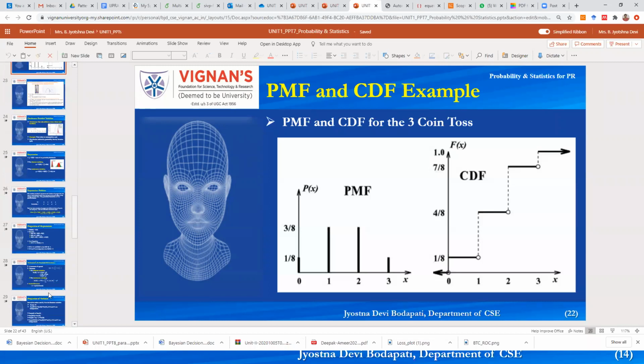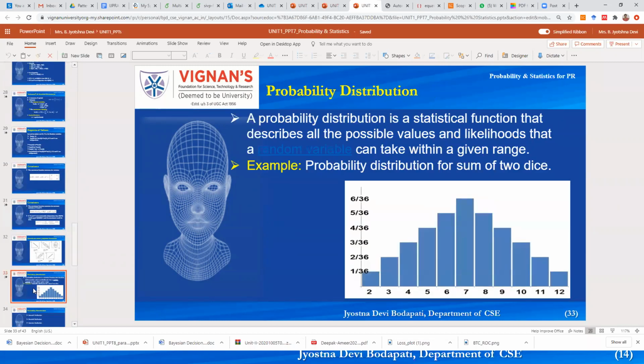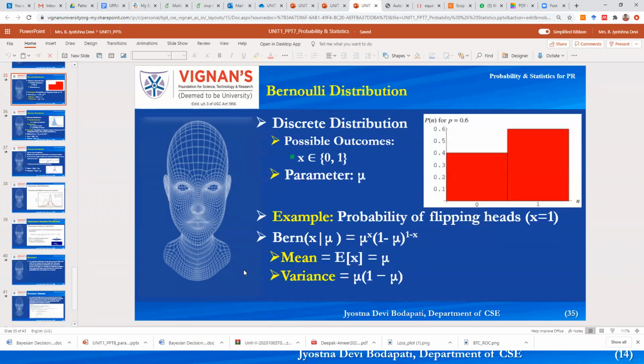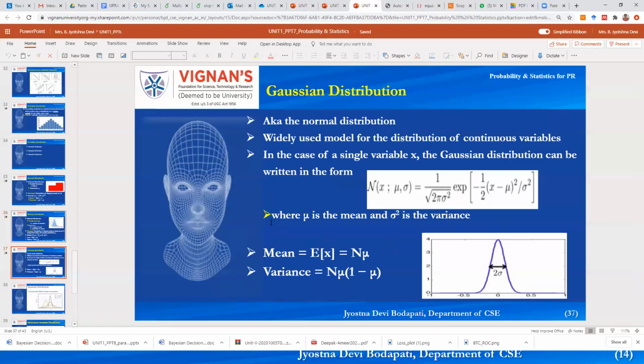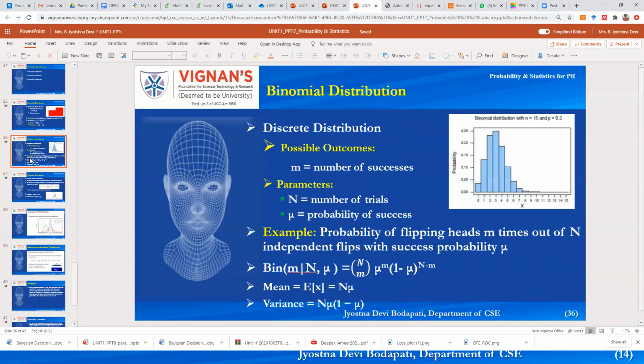At least you should understand what the conditional probability density function is, how to compute it, and what the different distributions you can use are: the Bernoulli distribution, the binomial distribution and the Gaussian distribution. So at least from here on, try to understand these 3-4 slides, whatever information is available in them. Then it will be kind of a cakewalk for us. So let's stop here for today.